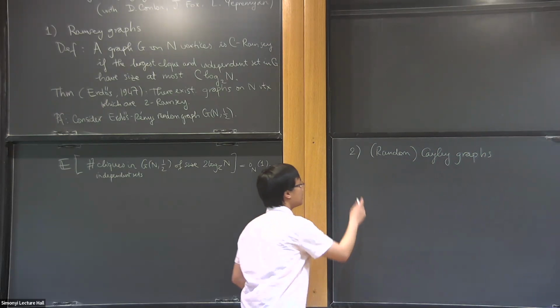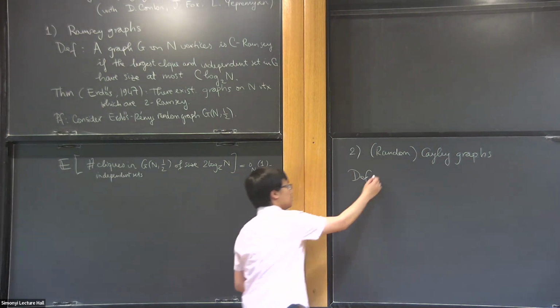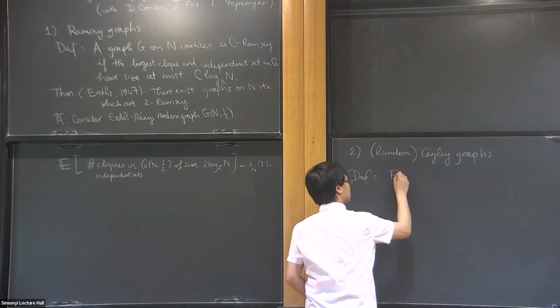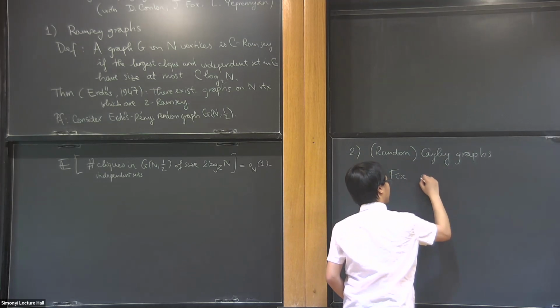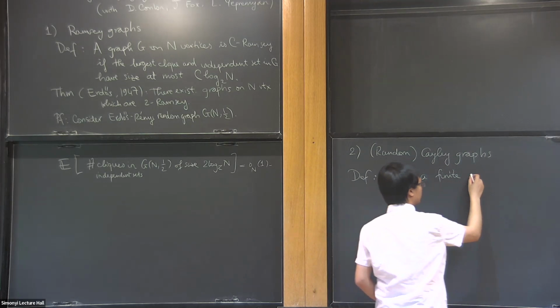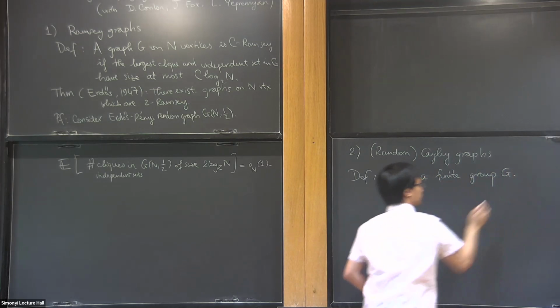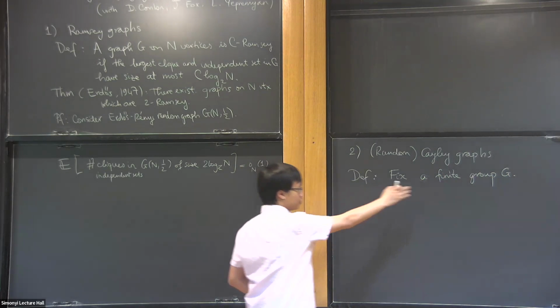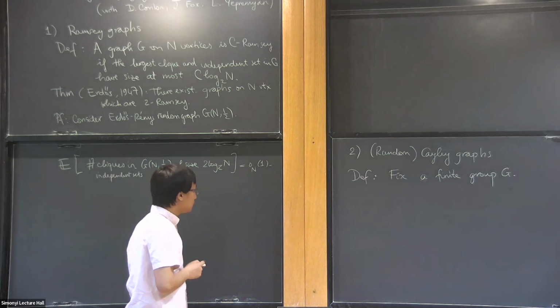Okay. So again, let me fix the setup of this talk. So throughout the talk, we will think that we fix some finite, but otherwise arbitrary group G. So in particular, this group G that we work with doesn't have to be an abelian group.